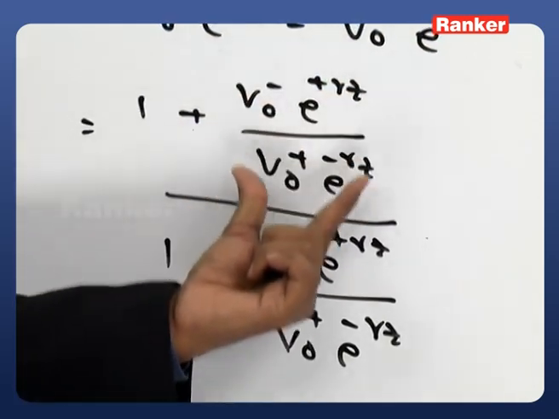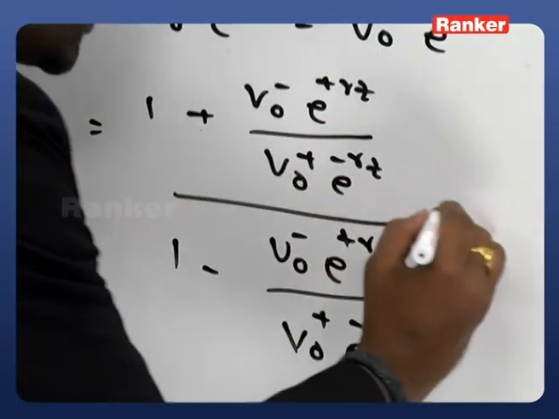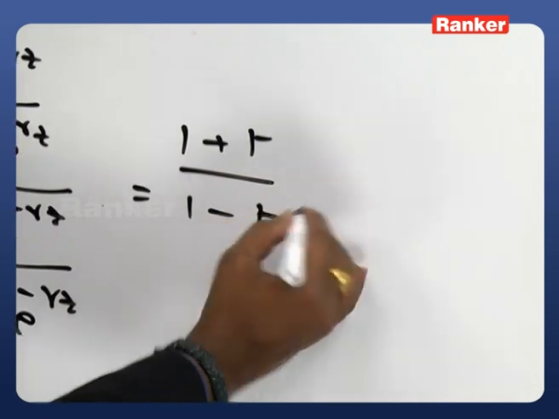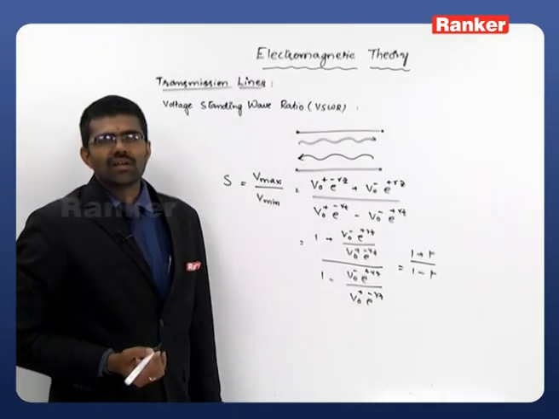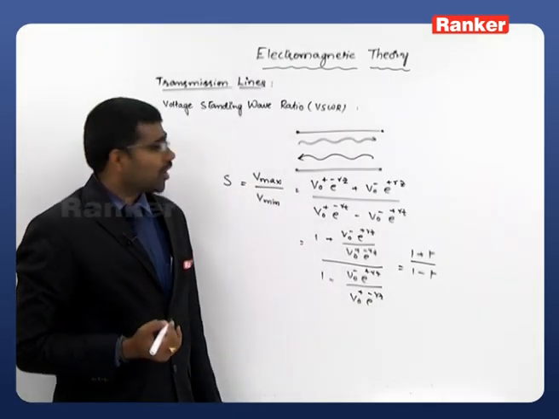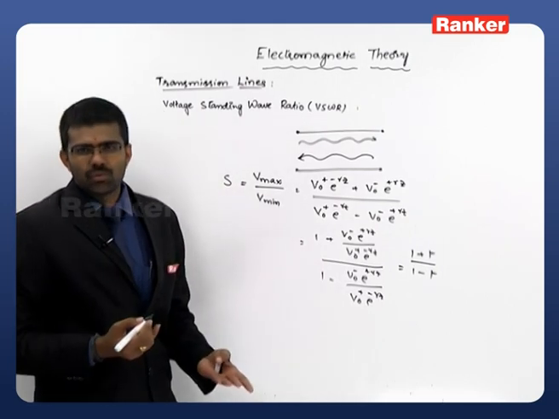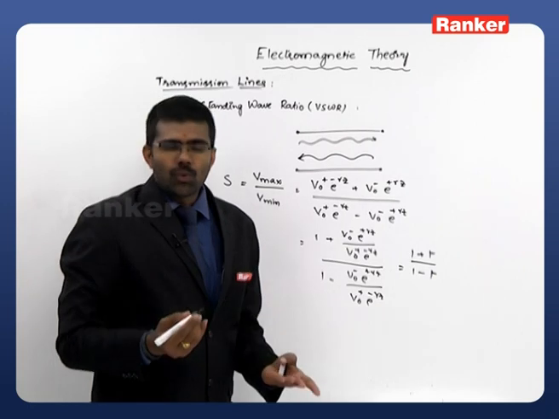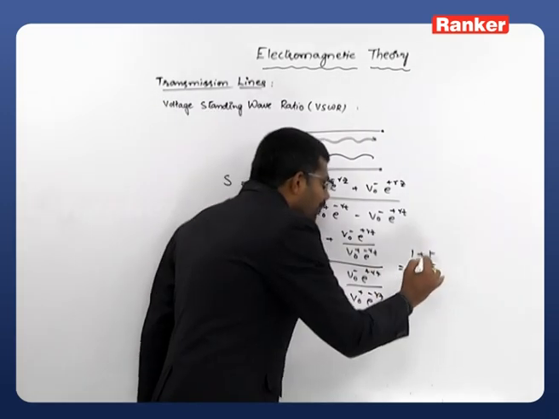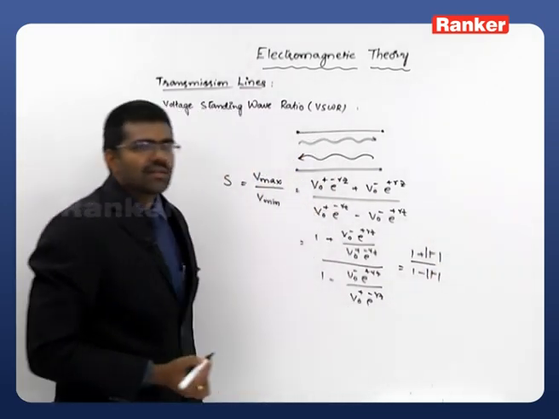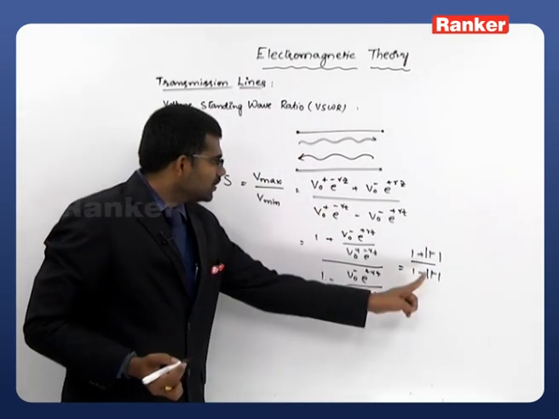So this entire term can be replaced with the reflection coefficient, that is 1 plus gamma divided by 1 minus gamma. Here we intend to observe the magnitude of S. How much standing wave is there? We don't require any complex quantities. That's why I will consider the magnitude of gamma.